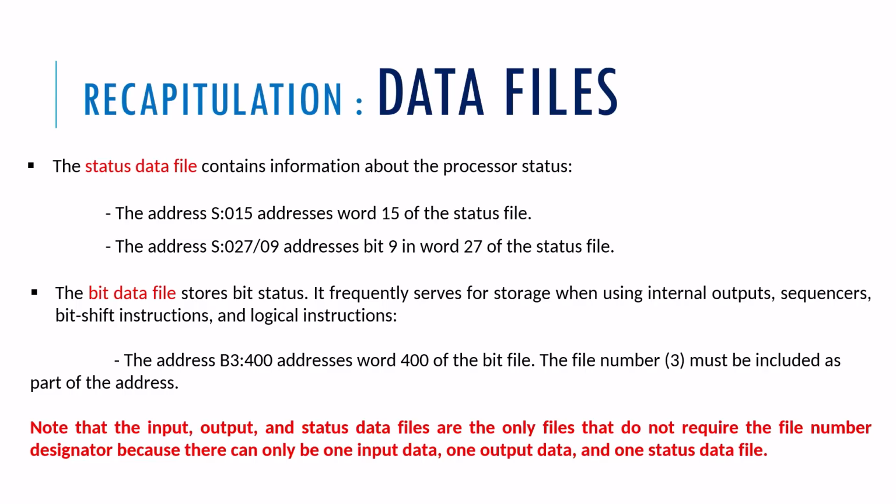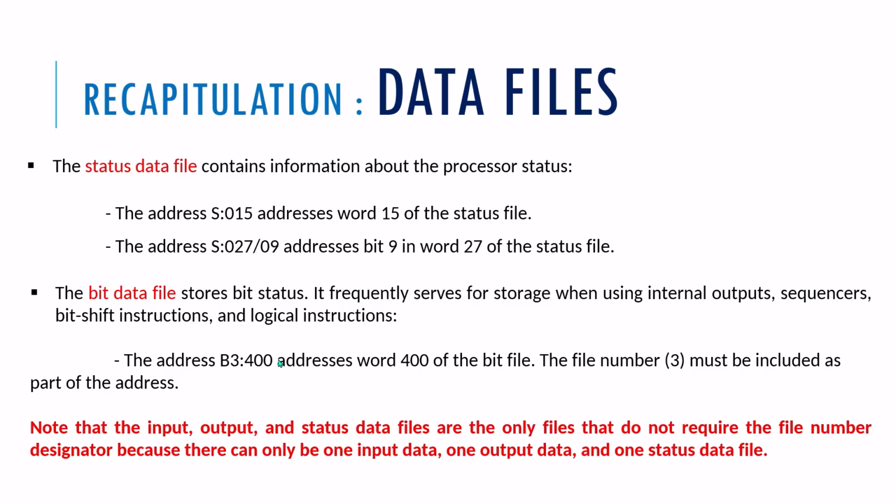Whatever is reflected on the output image file will be transmitted to the I/O chassis, that is the output chassis. Whenever such a condition is there, we use internal relays. When internal relays operate, where should they put their information? For that purpose, this bit data file is there. Here the address is given as B3:400.